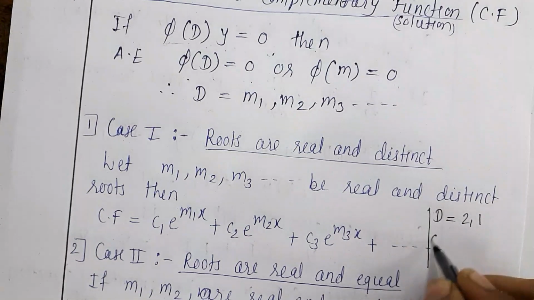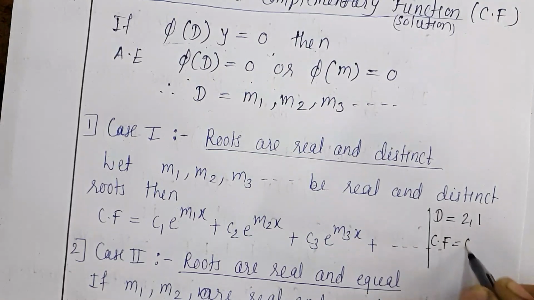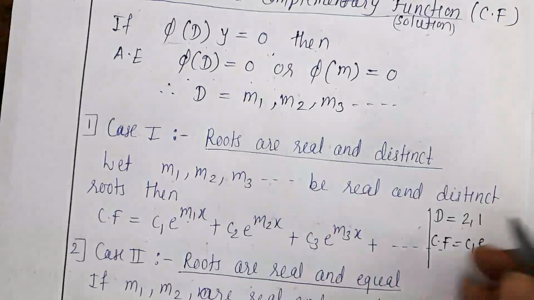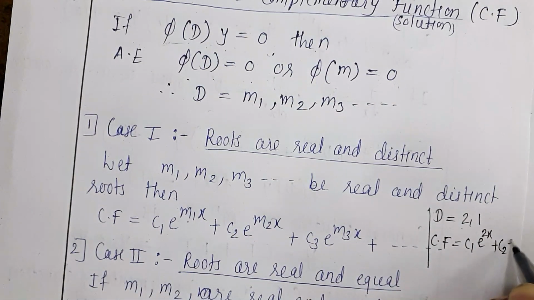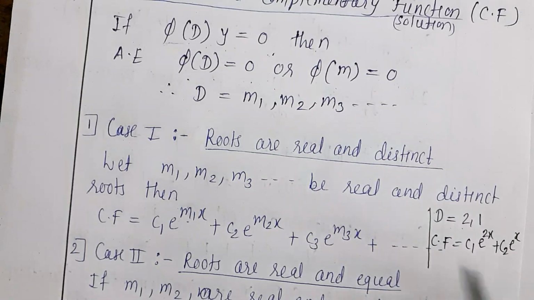Cf is equal to c1 e to the power, this m1 is 2, so 2x, plus c2 e to the power x. So in this way, if both roots are real and distinct, we can write c1 e to the power 2x plus c2 e to the power x.